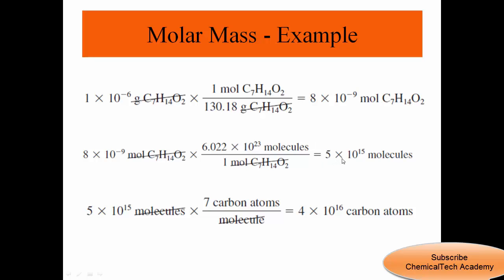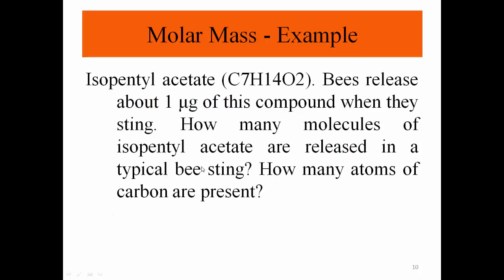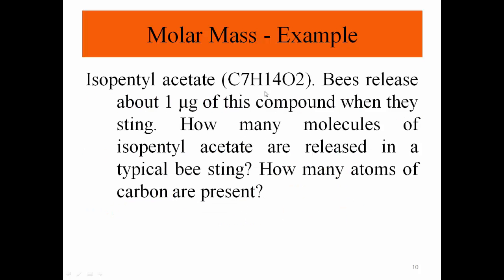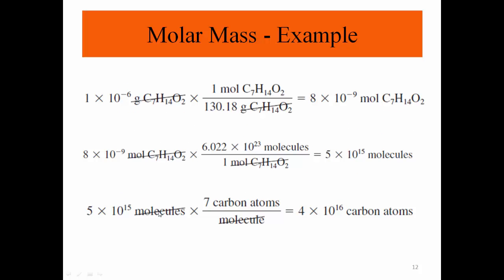So we have 5 times 10 power 15. That's the total number of molecules in 1 microgram of this sample. And then we said how many atoms of carbon are present in this sample. So we have this number of molecules in this sample, and each molecule contains 7 carbon atoms based on the formula. So these two cancel each other.